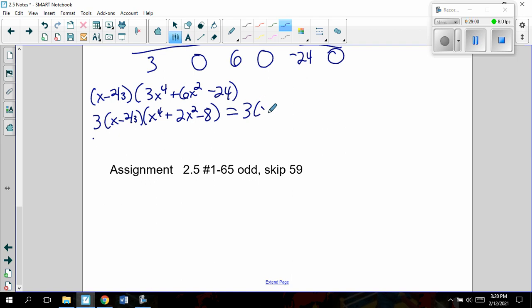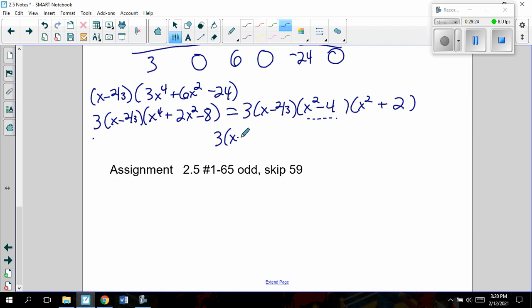So I have 3 times (x minus 2/3). Instead of starting with x in both of my normal factoring, I can start with x squared. And then I'm looking for what multiplies to -8 and adds to 2, and that would be -4 and +2. This piece then factors again because that's a difference of perfect squares.